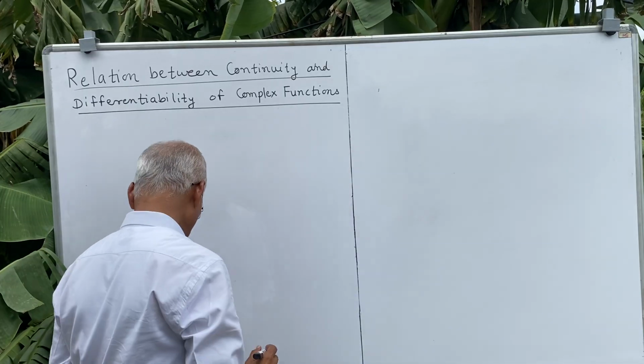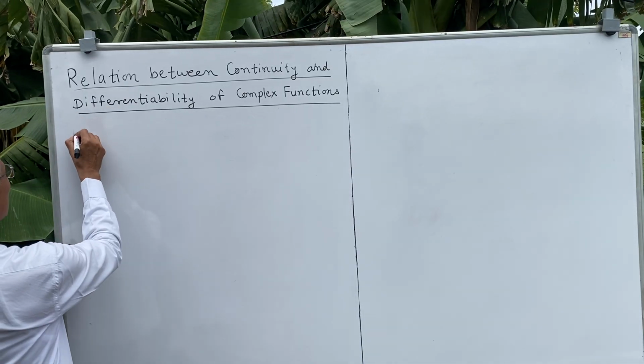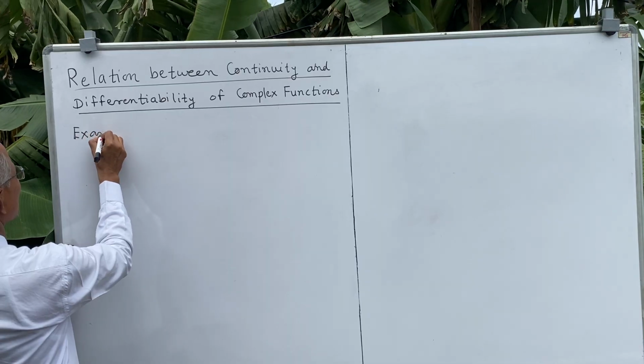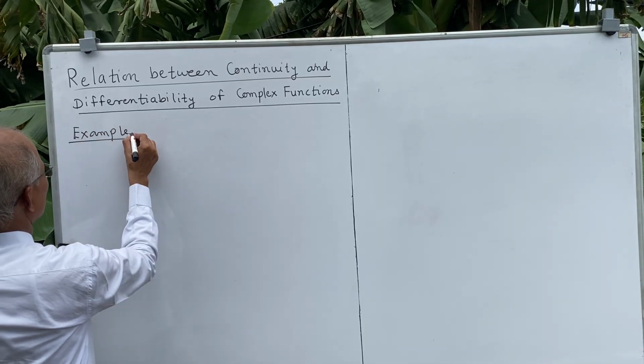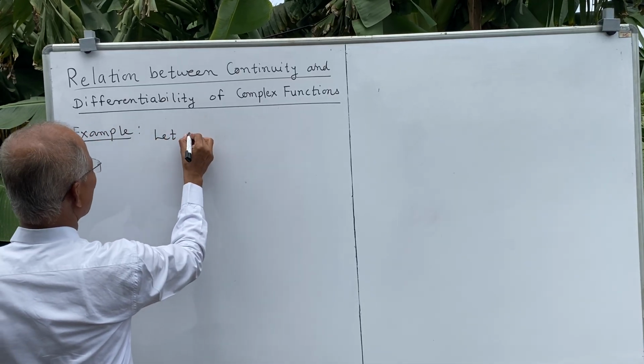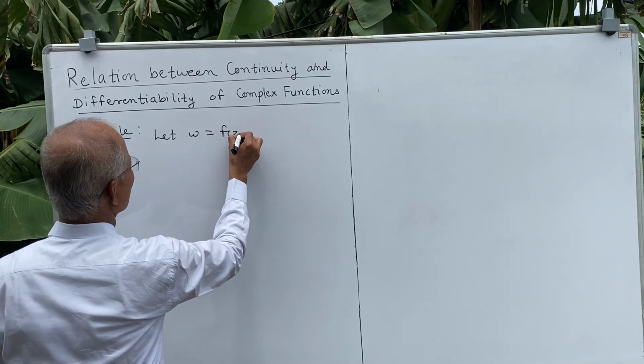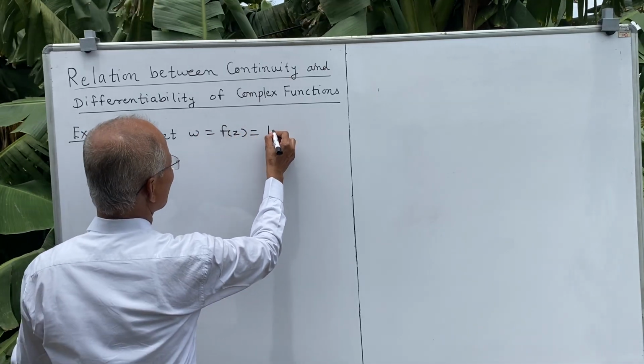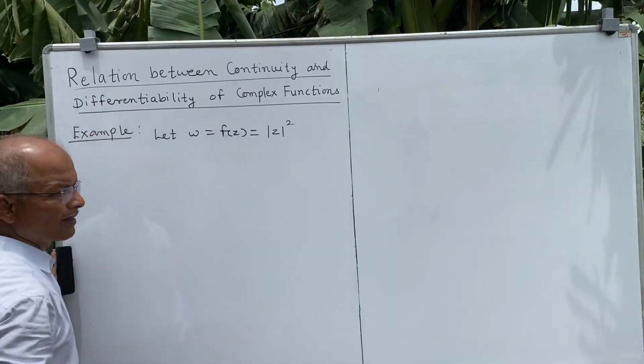Consider an example. We shall denote the function by w, which is f of z equal to mod z whole square.